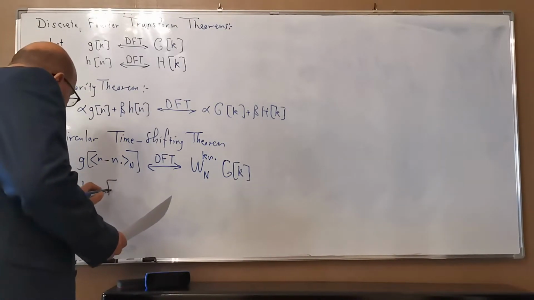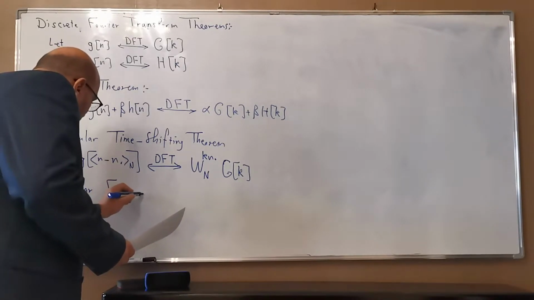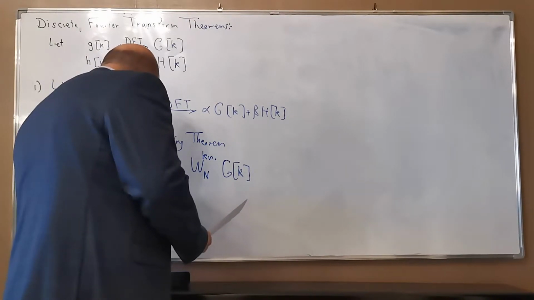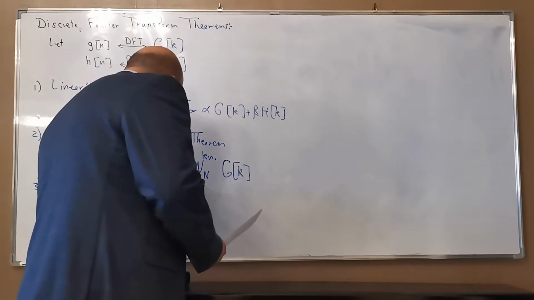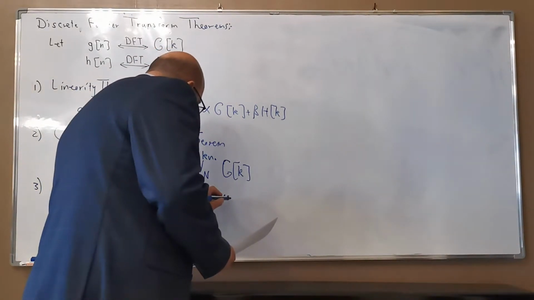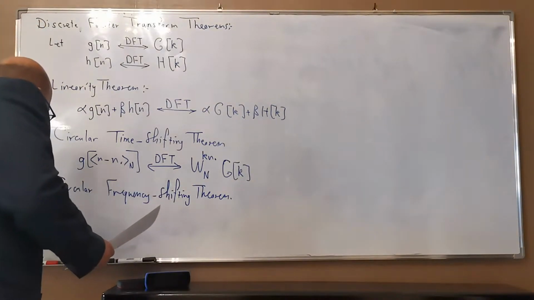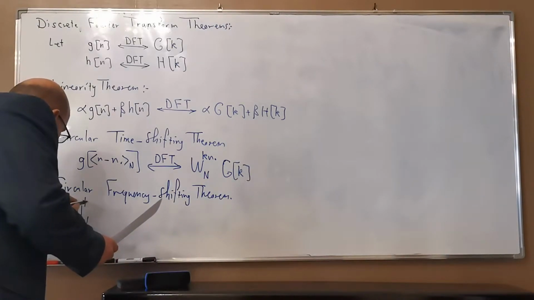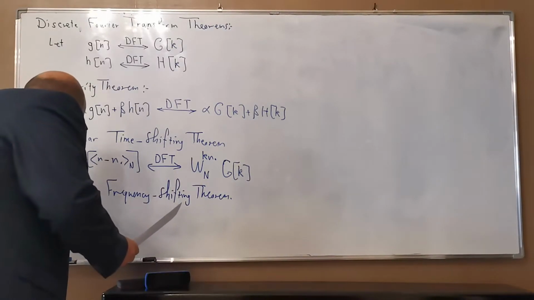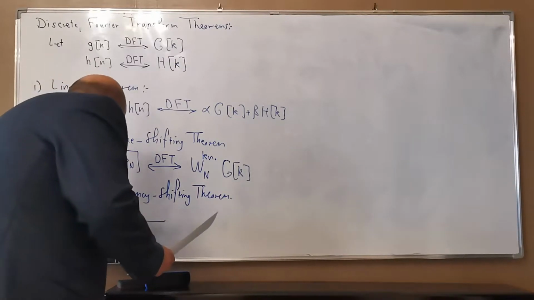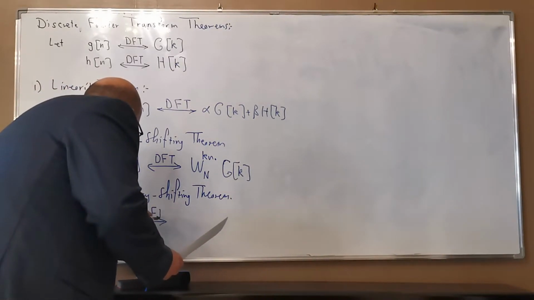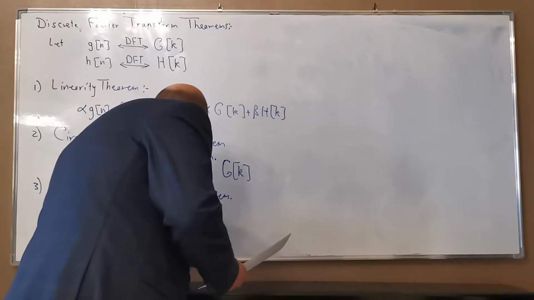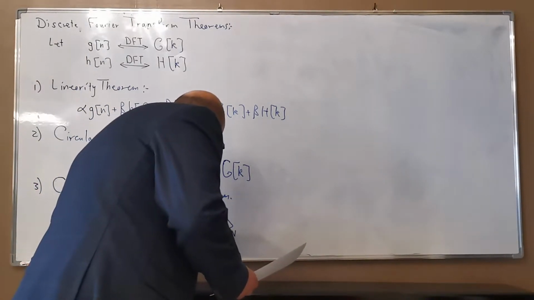Okay. 3. Circular frequency shifting theorem. And here it will be a phase shift in time domain, W sub n to the minus k0 n times G of n, has the DFT pair of the shift in frequency, k minus k0 modulo n.